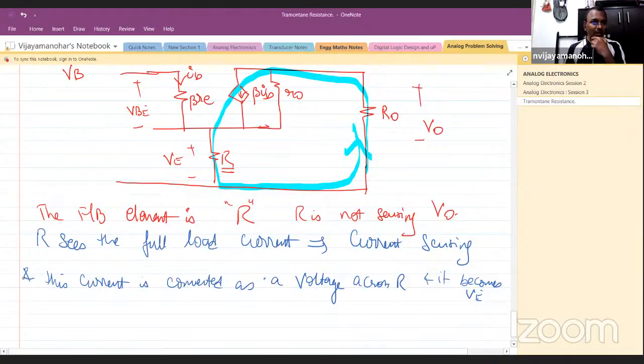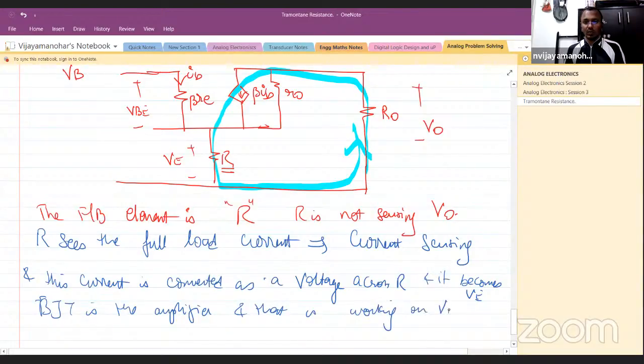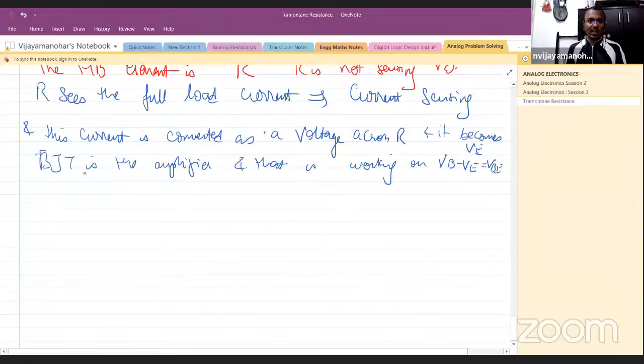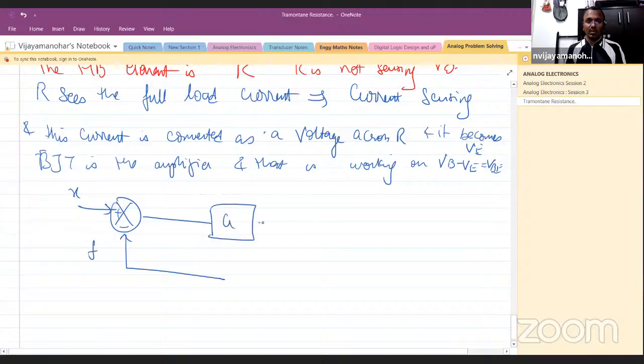The transistor is the amplifier, correct? The BJT is the amplifier, and that is working on VB minus VE, which is VBE. So VBE is the motivational voltage which is driving the amplifier. And think about the negative feedback circuit. This is the feedback quantity.